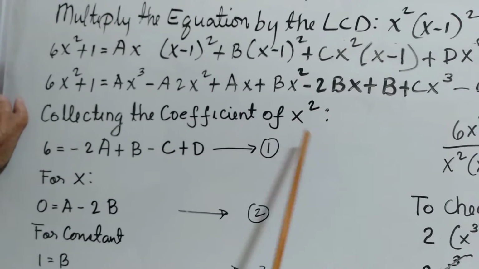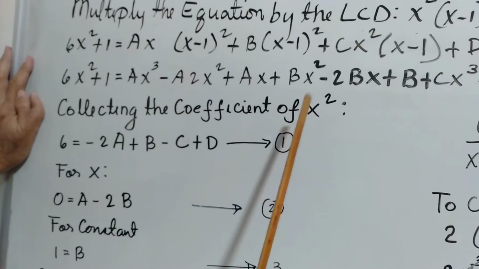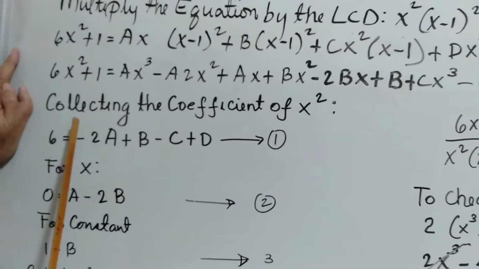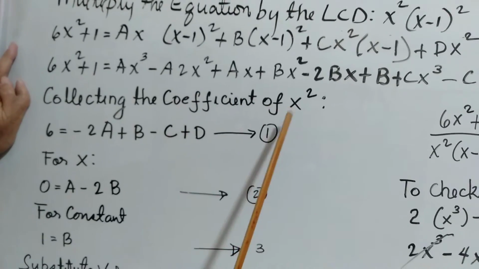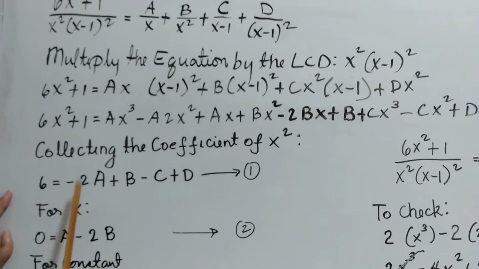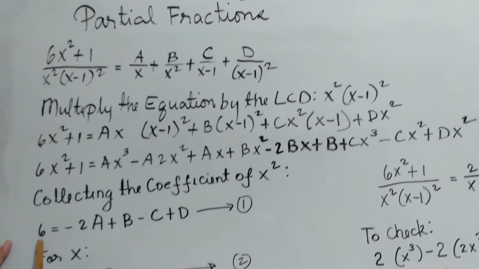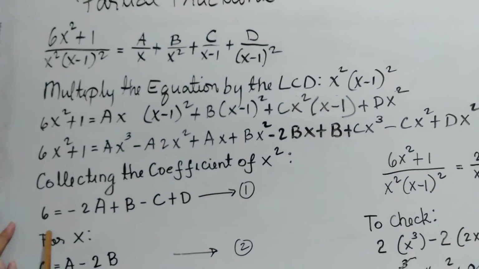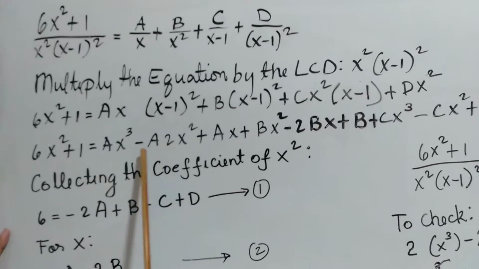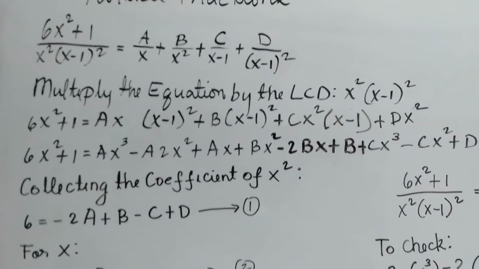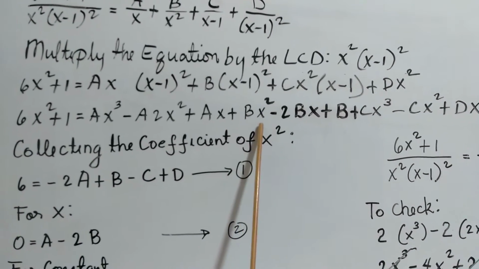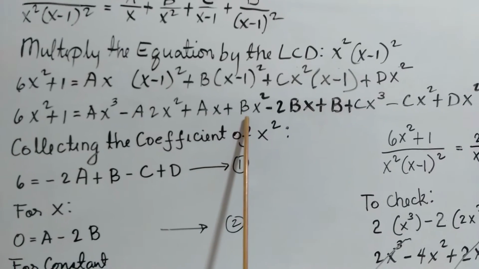Now we're going to apply the solution by equating coefficients. First, we collect the coefficients of x squared. On the left side, the coefficient of x squared is 6. Here, the coefficient of x squared is negative 2a. The coefficient of bx squared is b.